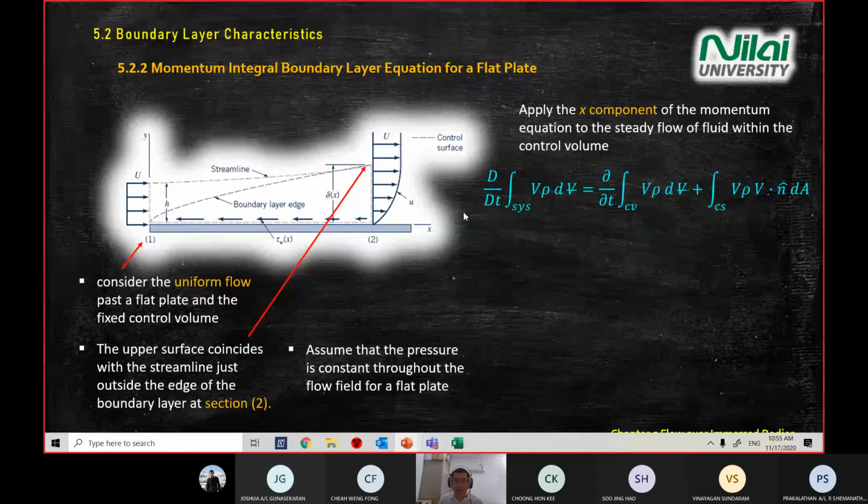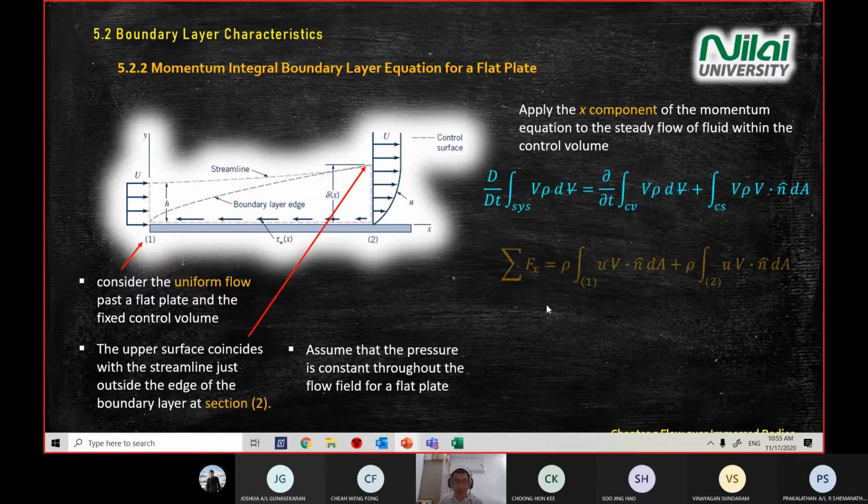We start with the momentum equation for steady flow inside the control volume, in the x direction. Because the flow is steady, automatically this control volume component is 0. We only have the second component.